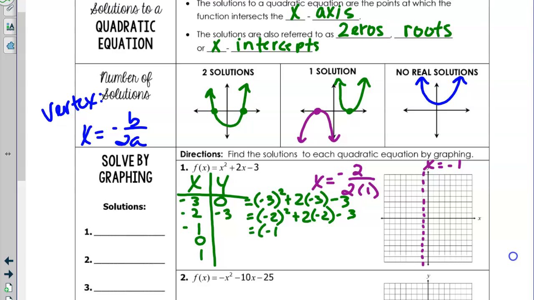We'll do the same thing, but now with -1. What'd you get? -3. Not -3, close. -4, yeah.